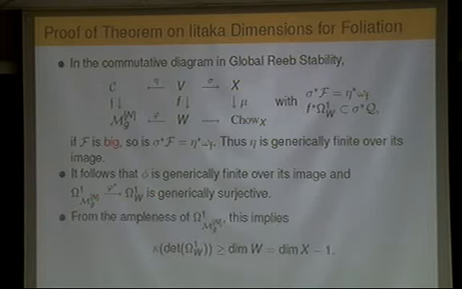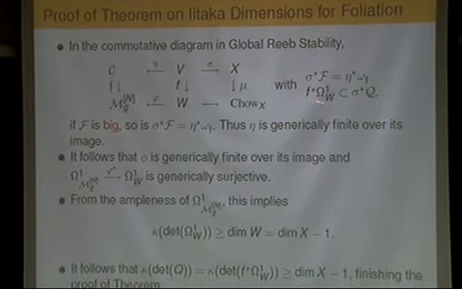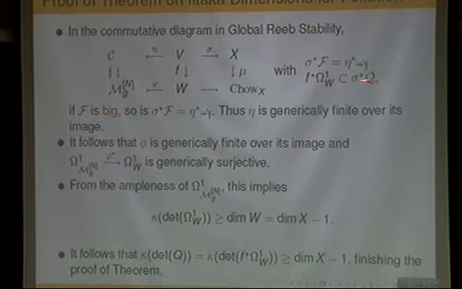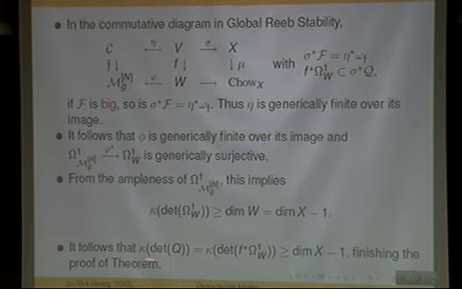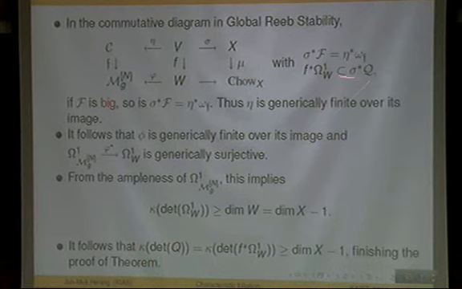But then, since we know that this is ample, this implies that the Iitaka dimension of the determinant of this guy is at least as big as the dimension of W. And then finally, since it contains the pullback as a subsheaf of the same rank, the Iitaka dimension of Q is the same as this. This way we finish the proof. Okay, so that's the end of the proof.